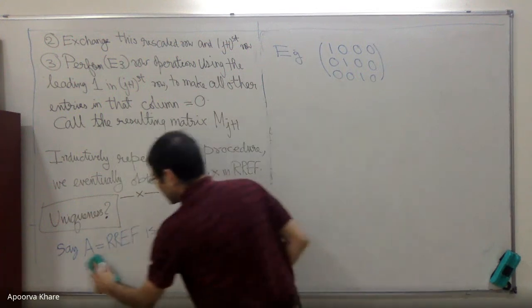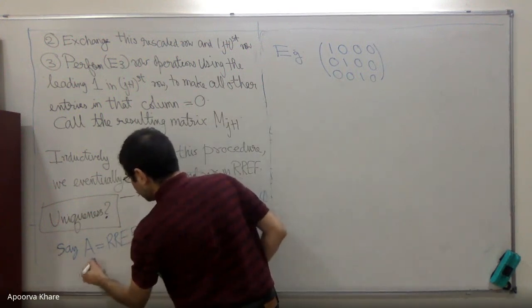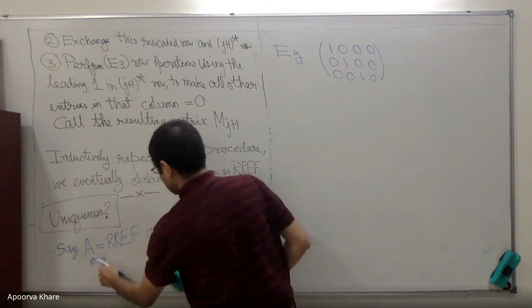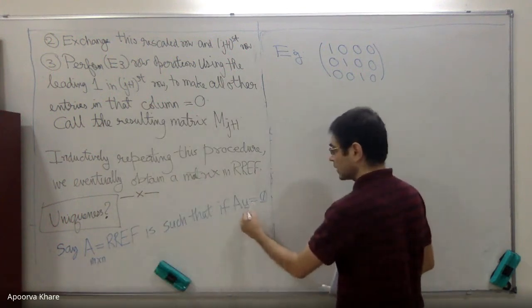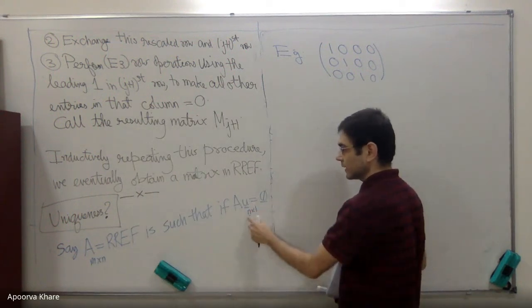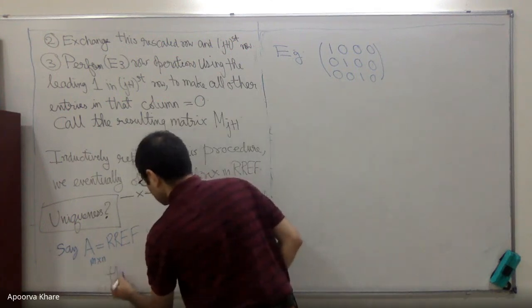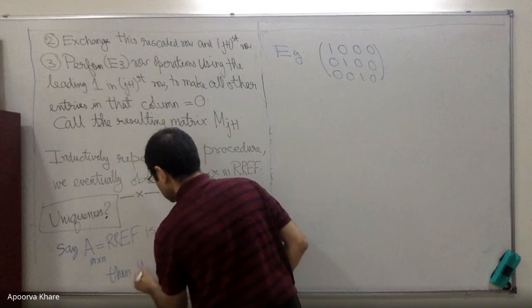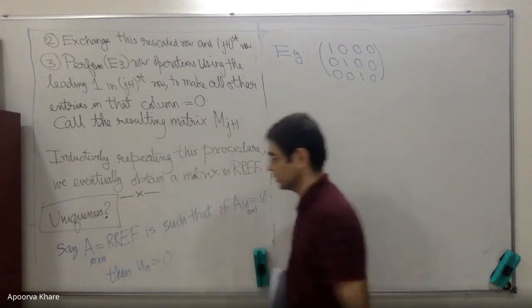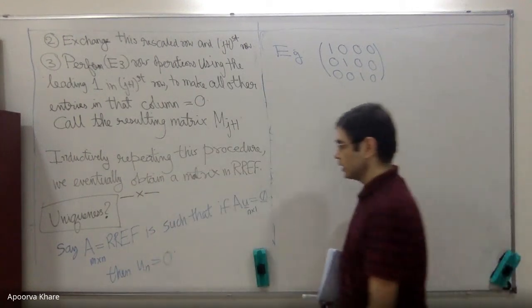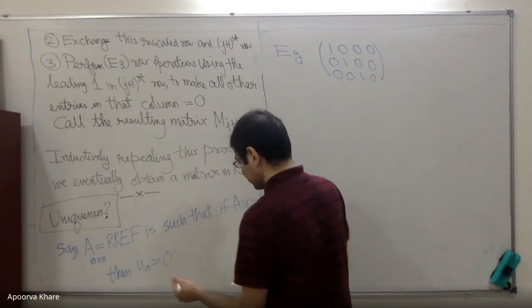I should also have said the size of the matrix. This is M cross N, and so this is N cross 1. U is a vector of N coordinates. The last coordinate of U is 0. Suppose this is true. What can you say about the last column of A?